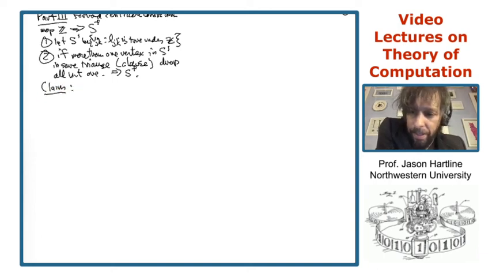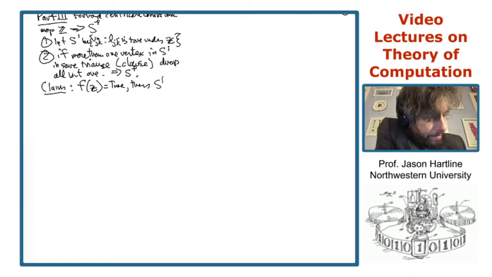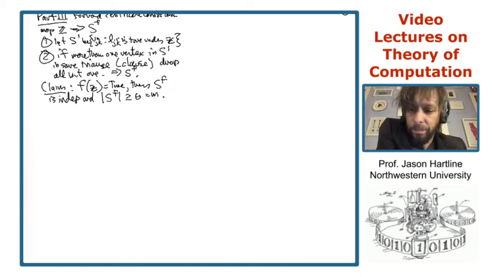Now I claim that if F of Z is true, then S_F is independent, and the size of S_F is at least theta equal to m. Let's start with the assumption that F of Z is true.